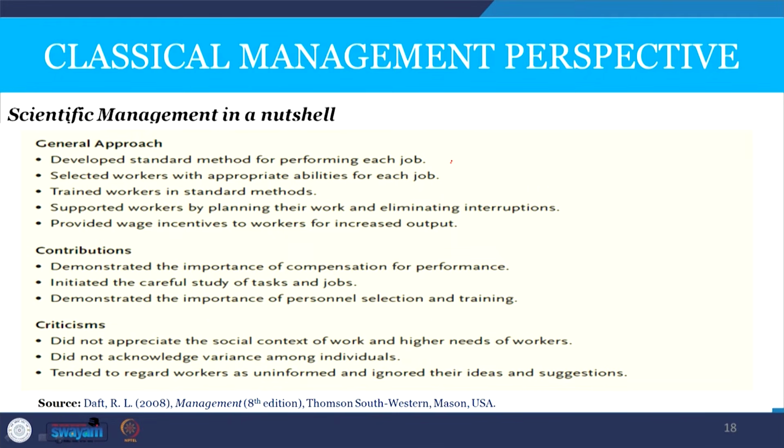So, they have emphasized standardization of task, selected workers with appropriate abilities, selection of employees based on their abilities for each job, trained workers, training is also given emphasis, trained workers in standard methods, supported workers by planning their work and eliminating interruptions, provided wage incentives to workers. An incentive system was brought into use for increased output.